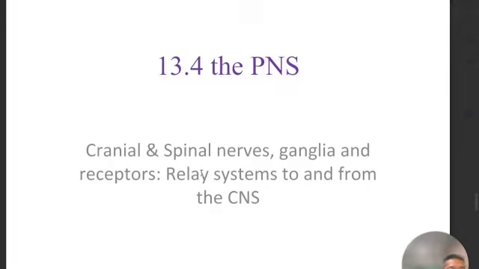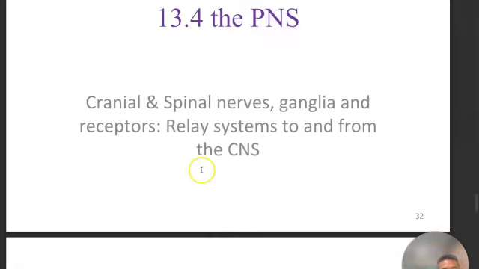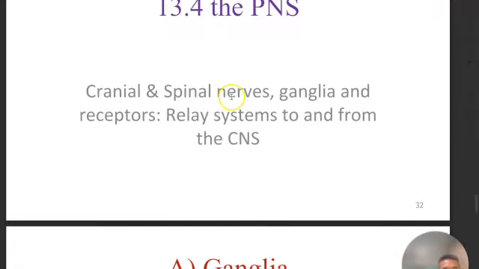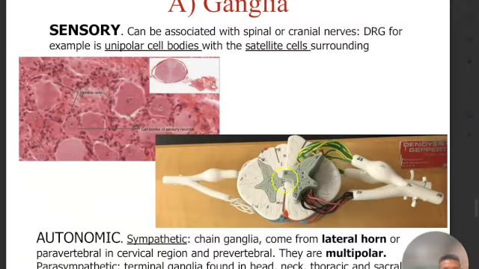Now we're going to talk about the PNS. PNS stands for the peripheral nervous system. It's got cranial nerves, spinal nerves, ganglia, receptors. It is a relay system to and from the CNS. Here's a picture of the posterior ganglion.